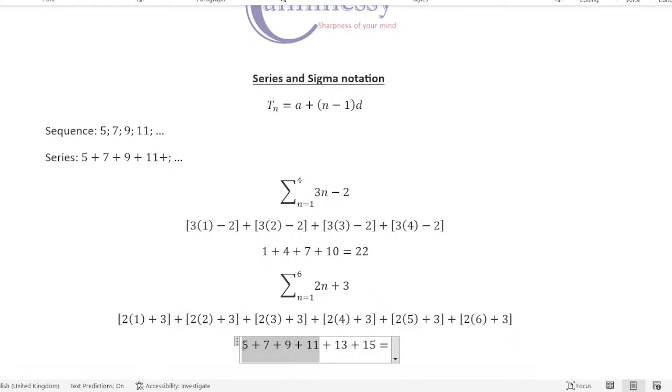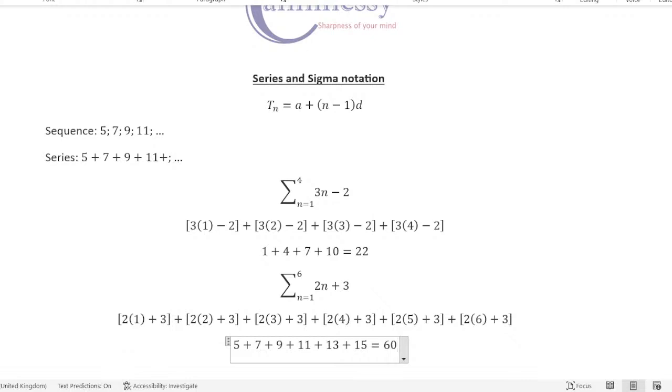Then 21 plus 11, that is 33. 33 plus 13, that is 45. 45 plus 15, that will be 60. So here the answer will be 60.